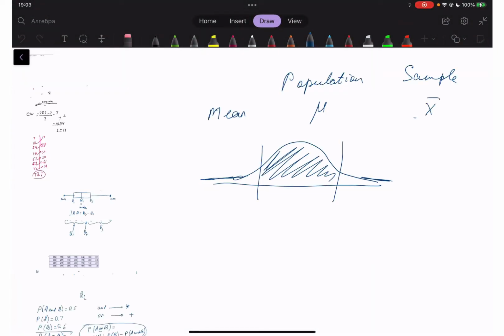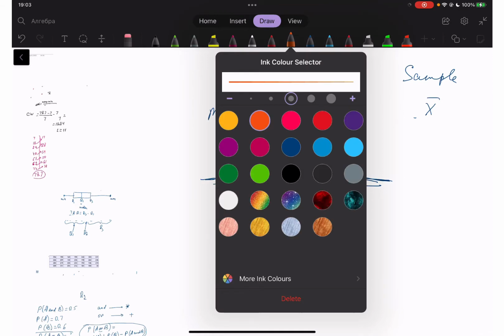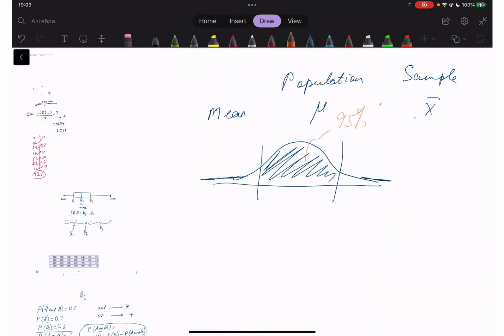So this is 95%, or 0.95. So how are we going to find out the Z critical?